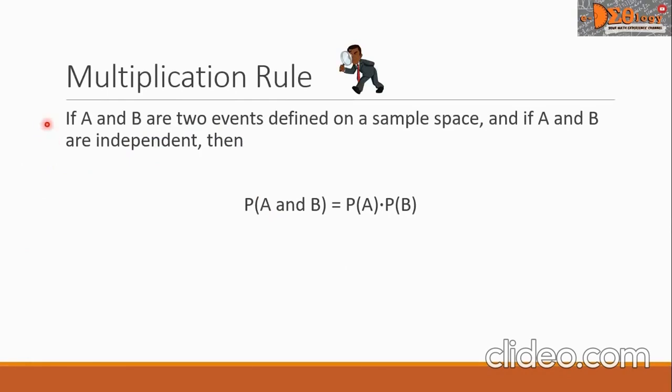According to multiplication rule, if A and B are 2 events defined on a sample space, and if A and B are independent, then the probability of A and B equals P of A times P of B.